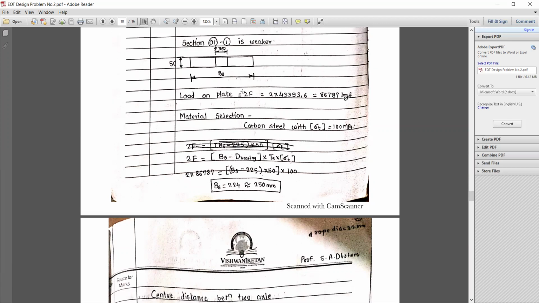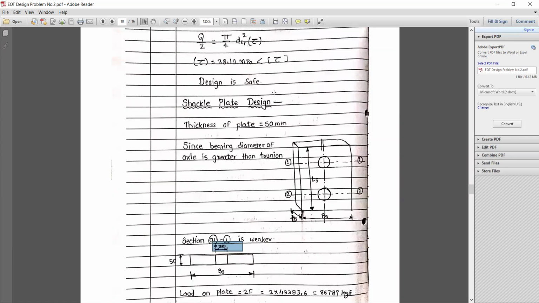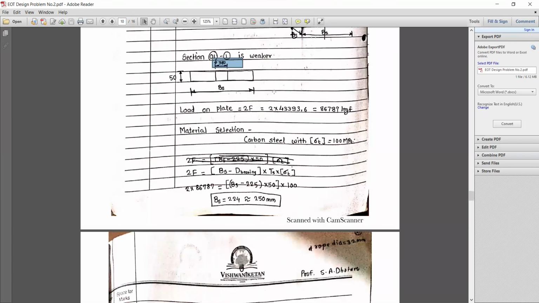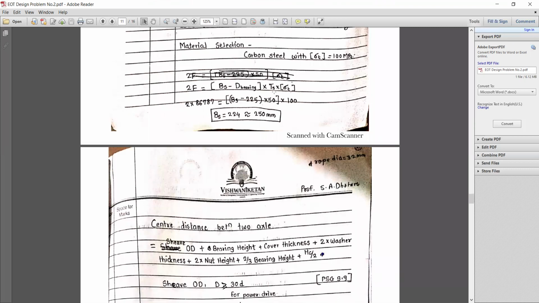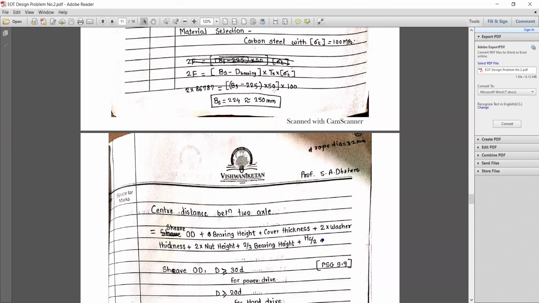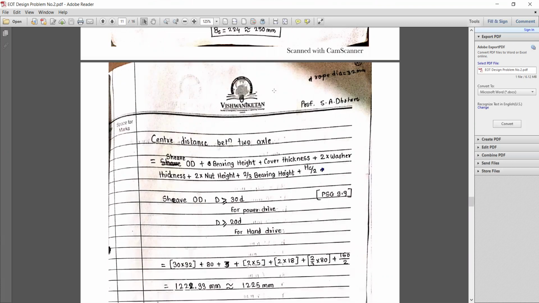One more correction here: you could change this dimension to 255, because that bearing diameter based on trunnion diameter is 255. Putting other values, what we get for width is 220, so 224. So we are increasing or modifying that width to 250 mm.